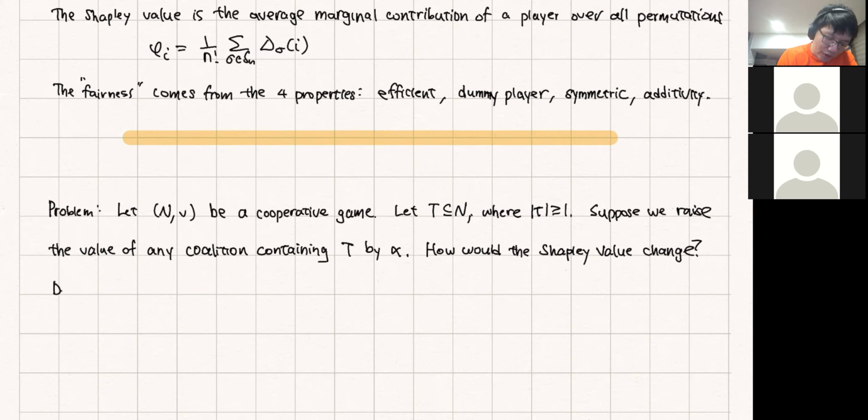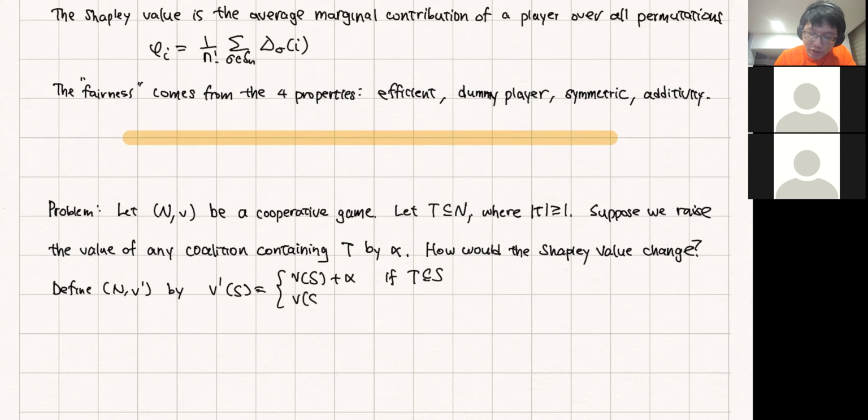We define v prime by v prime of S is v of S plus alpha if T is a subset of S, and it doesn't change otherwise.